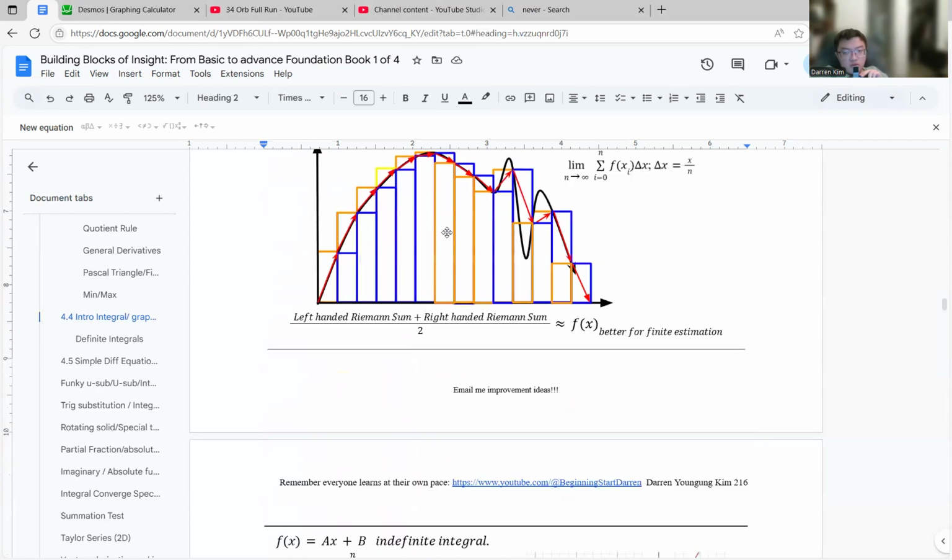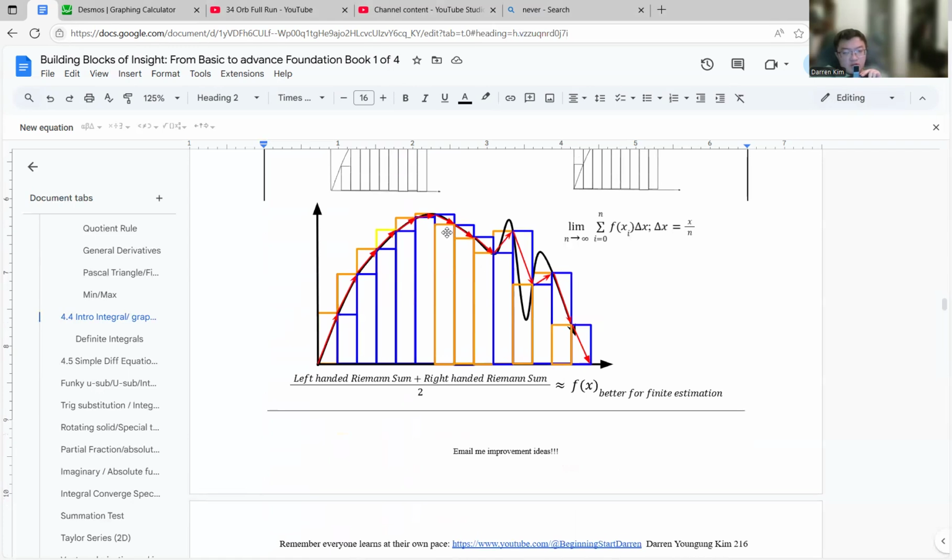So the first thing we do is the Riemann sum. And here, I do want to mention this version over here. Why did I give this version? It's because this version gives off the idea of Cartesian.